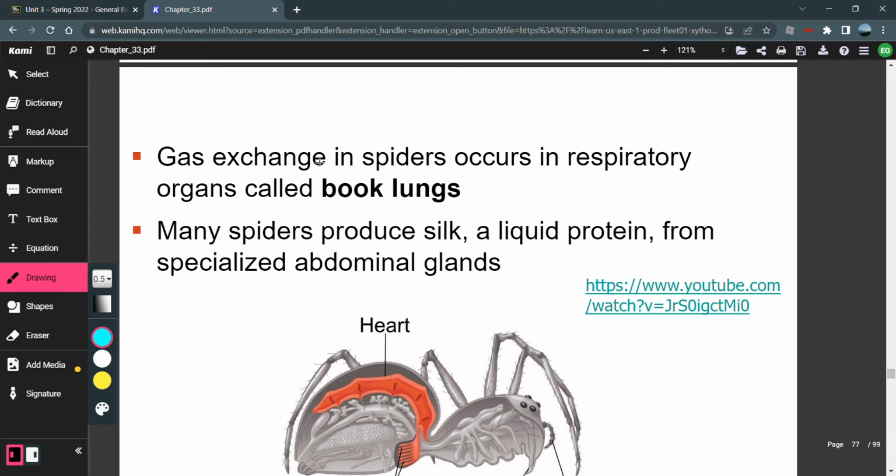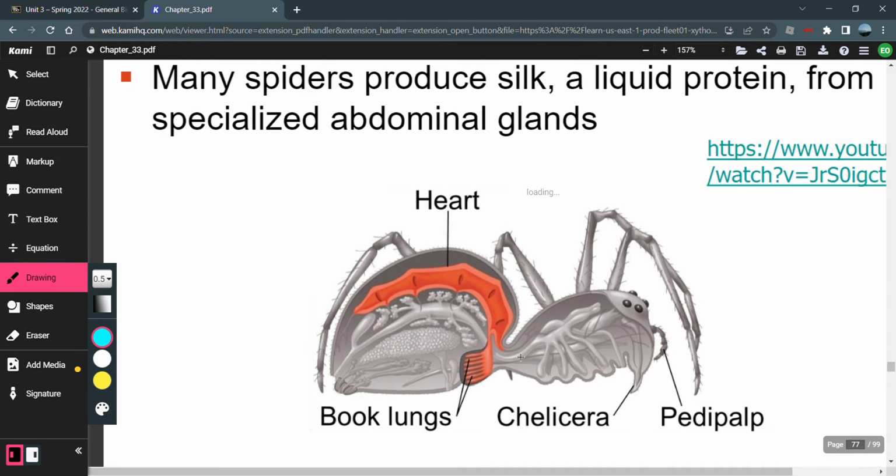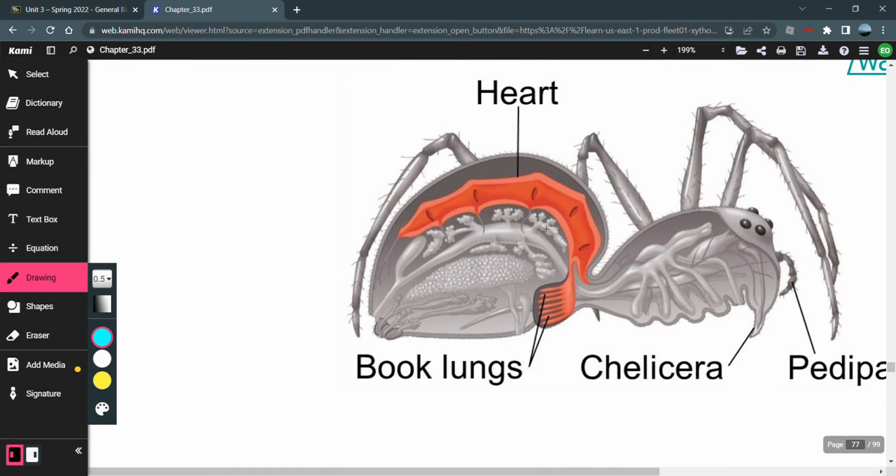So gas exchange in spiders occurs in the respiratory organs called the book lungs because they kind of look like books, like the pages of a book. These are filled with hemolymph, and there's an airspace between the bristles where gas exchange occurs. If you zoom all the way in, here are the blood vesicles.